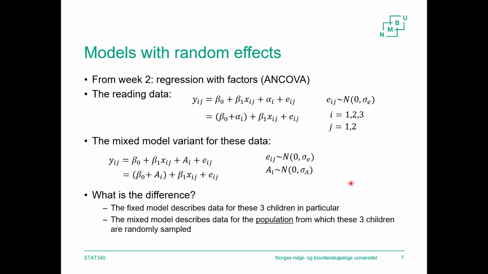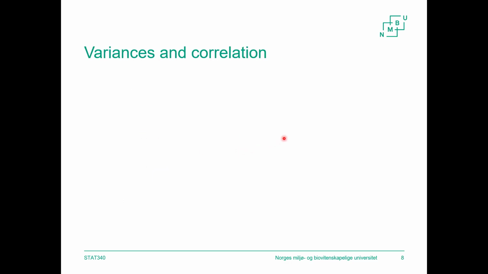We will come back to this. Variances and correlation. In the mixed models, we estimate the variances, and now we have 2 of them, right? The 2 standard deviations in the model.